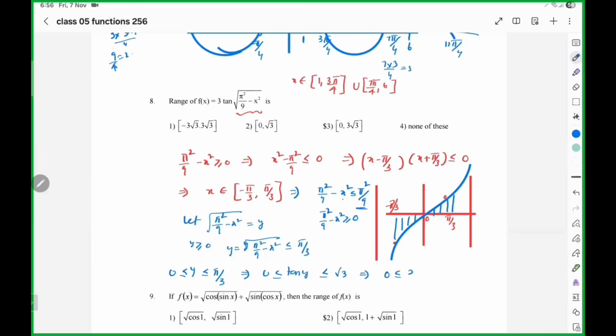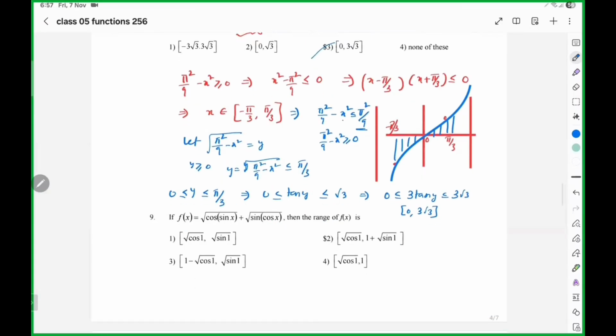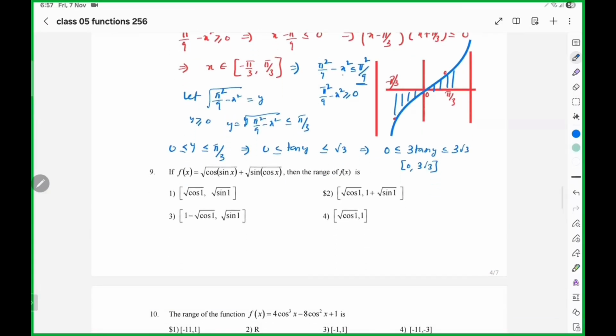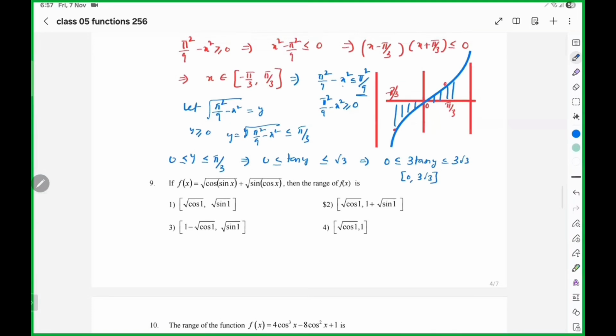If you multiply by 3, it's an increasing function, 3 root 3. So the answer is 0 to 3 root 3. And this question here is a root function, cos of sin x.